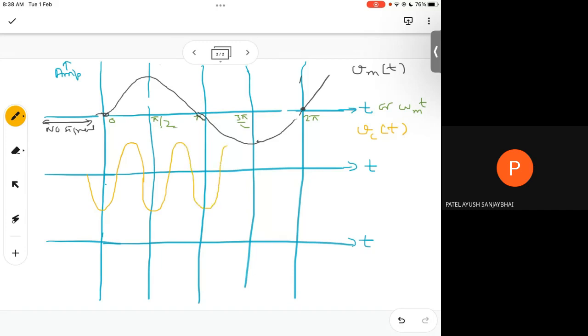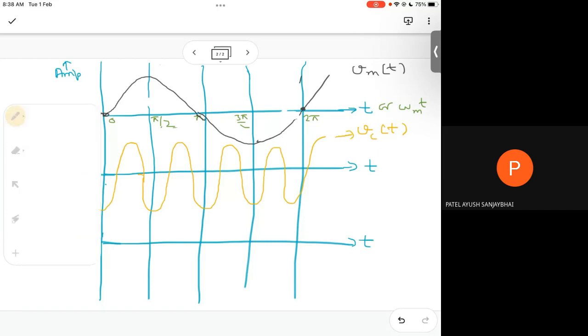That means the time period has shortened. So this is your high frequency signal. Why is it high frequency? Because the complete wavelength from, let's say, here to here is much shorter than from here to here. So the time period is less, so the frequency is high. So this is a carrier frequency plot.